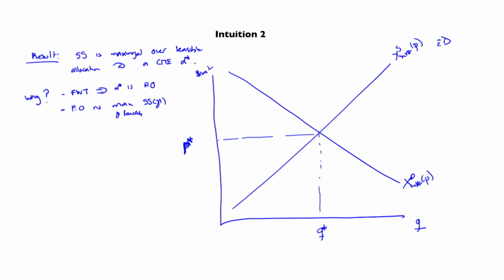Remember from our theory of the consumer and our theory of the producer that this locus of points is also the aggregate marginal cost curve as a function of total production.